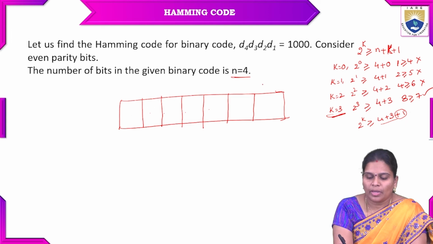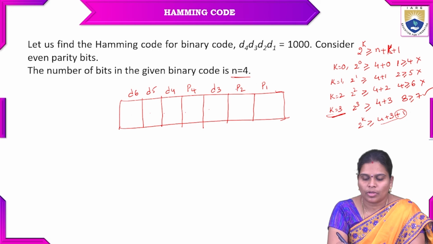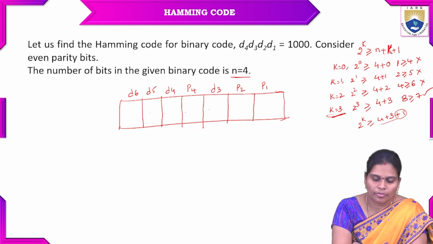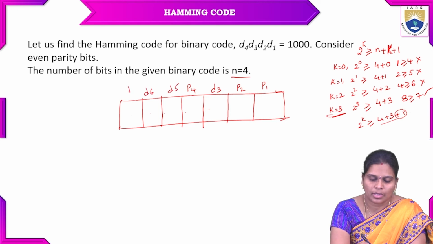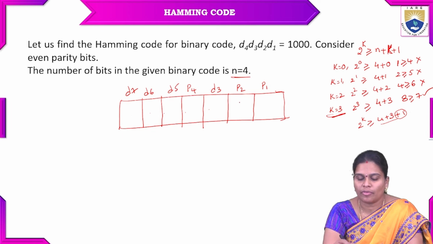Already we know the P1 bit is there, the P2 bit is there, D3, P4, D5, D6 and D7. How are we writing these positions?